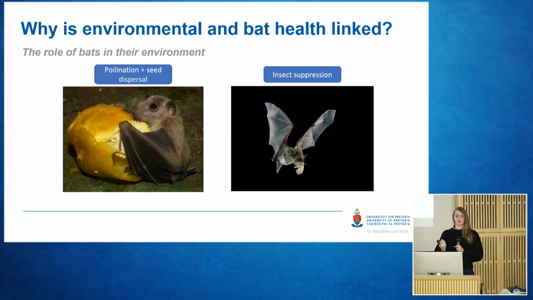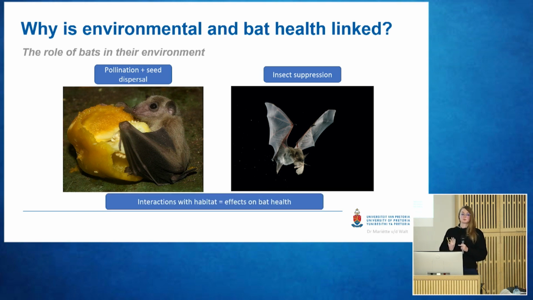So they eat your agricultural pests, your flies, so they're really important in managing pest populations. And in this process where they interact with the environment, it also affects them. The environment can affect them in various ways, both directly and indirectly, as well as have both short and long-term health implications for your bat species.